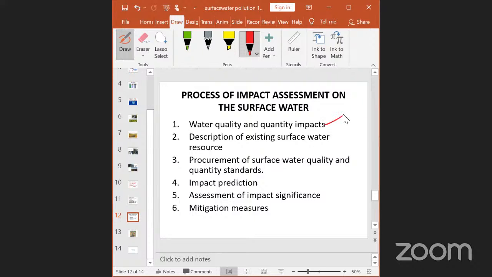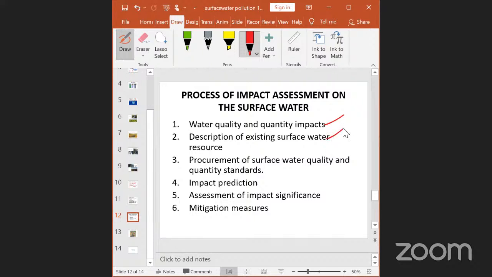The first one is water quality and quantity: the environmental impacts of various human activities on the surface water environment, with systematic processes, relating to water quality and quantity. So, identification of surface water quantity and quality impacts of the various proposed projects.